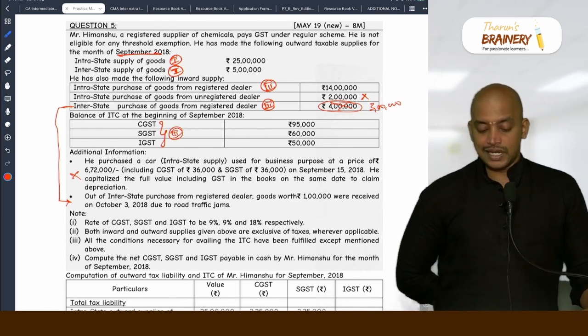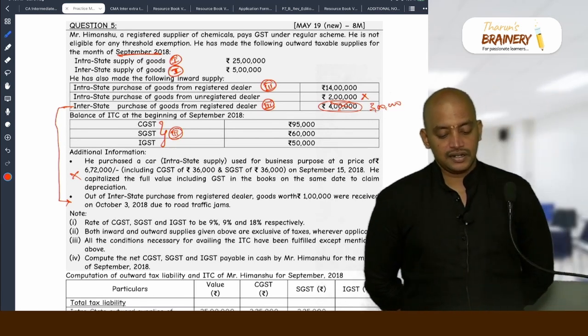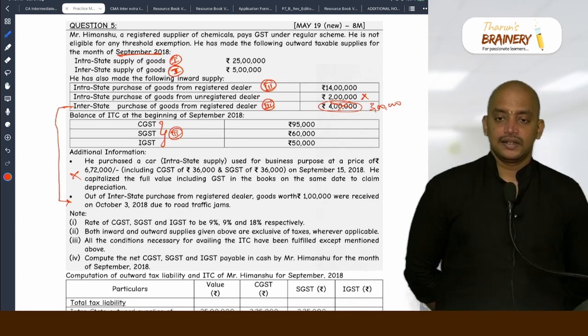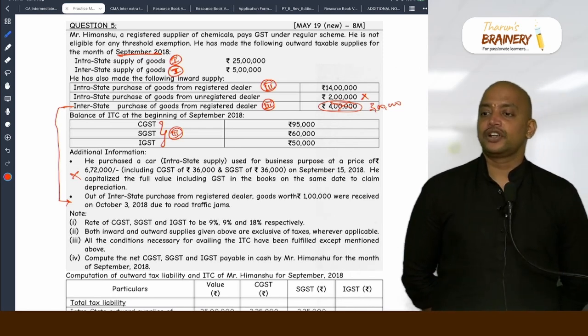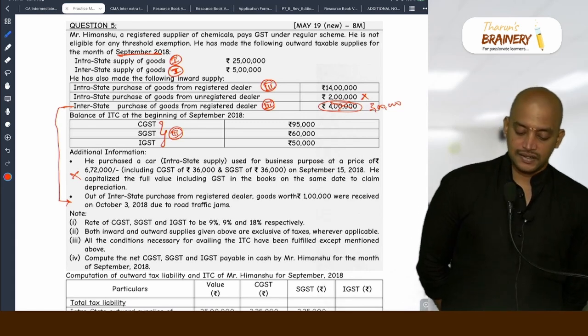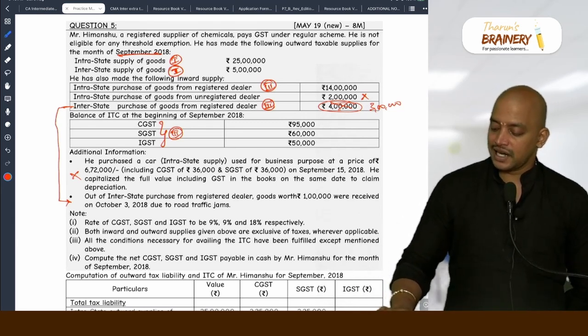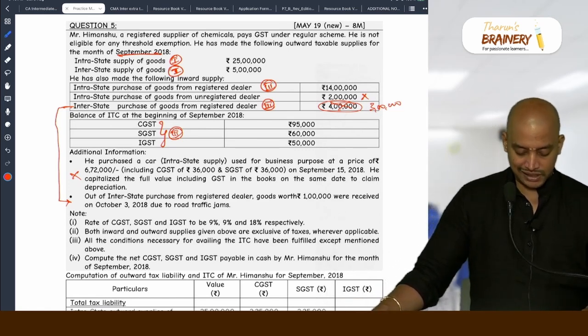Then next, intrastate purchases, that is, purchase from a registered dealer. Inward supply from a registered dealer, value 14 lakhs. Intrastate means 14 lakhs into 9%, 9%, that is 1,26,000, 1,26,000.